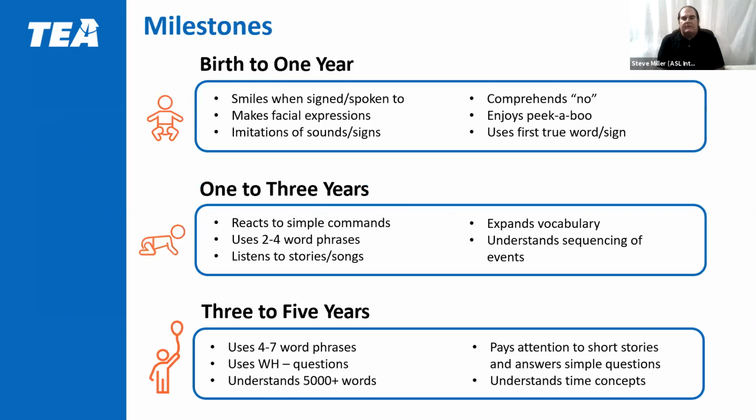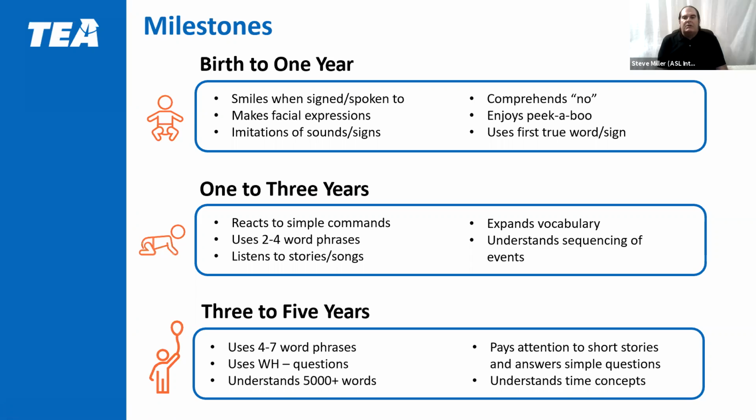Next slide, please. When a child is learning sign language, or learning through spoken language, they follow similar patterns and timelines when they're acquiring language. When they begin to talk or sign, it's around the same time, it doesn't matter if they're using voice or signing.